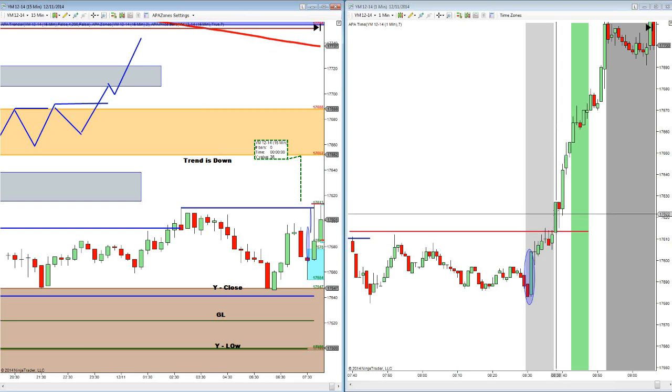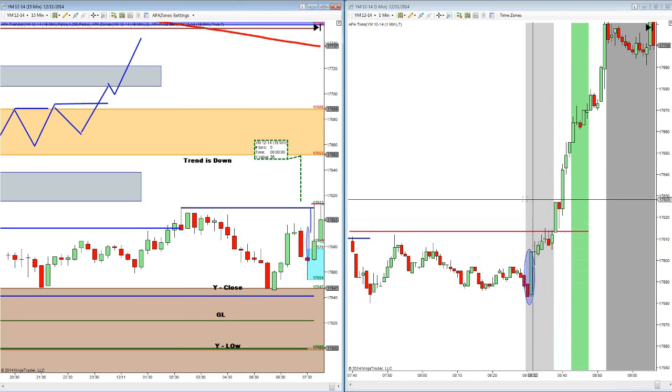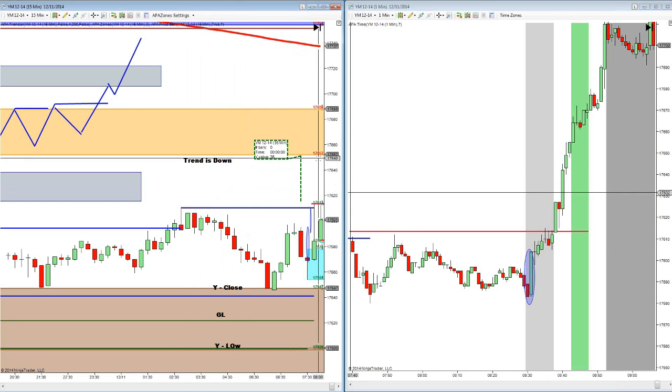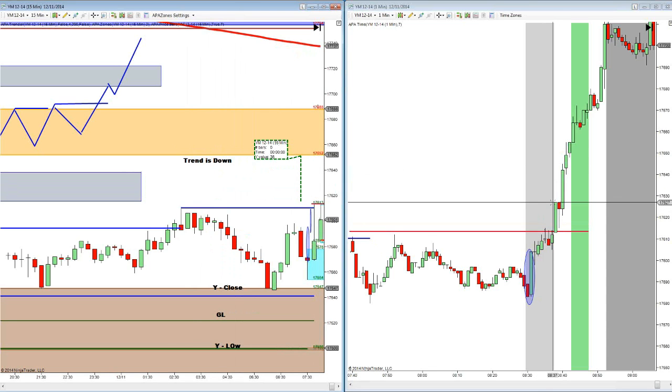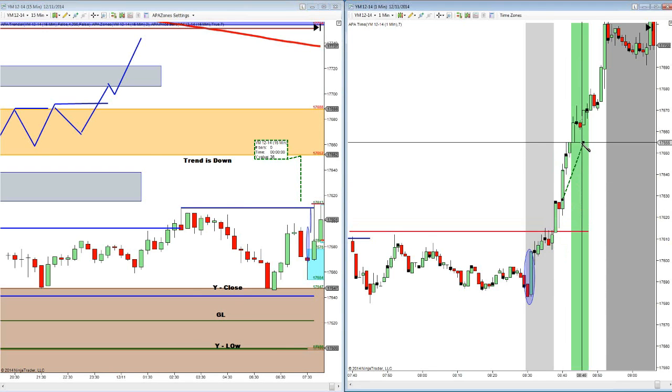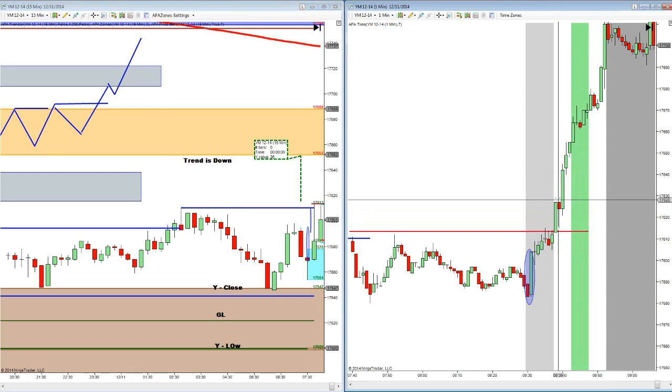Hindsight's always 20/20, but getting long on the red candle is a little bit harder to do, because unless you look over here at our 15-minute level, and 52 is where we're going to encounter some resistance, you don't have any idea where the resistance is going to come in on the smaller time frame. So this one's hard to jump onto just because I don't feel that you have a whole lot of risk to reward.